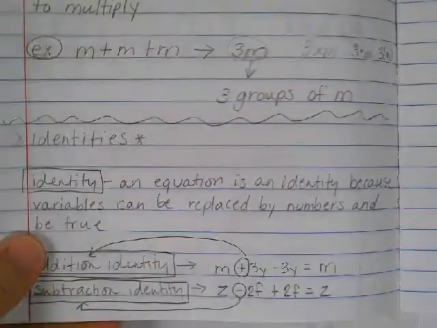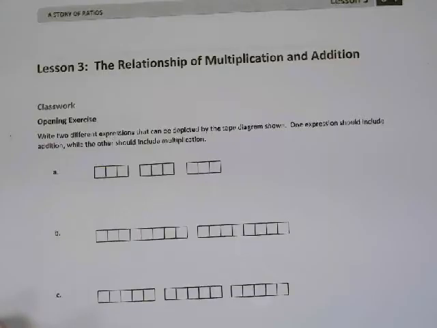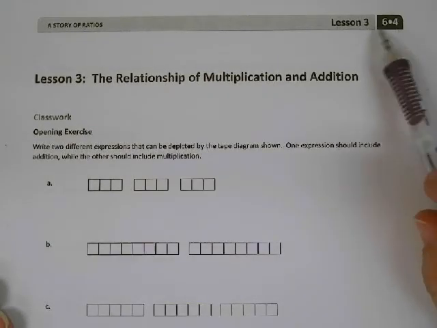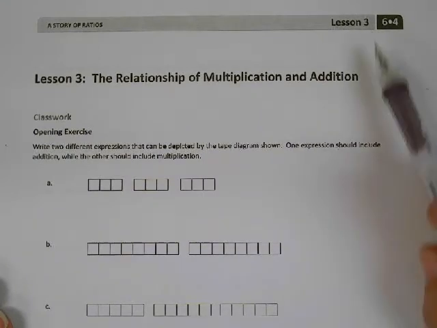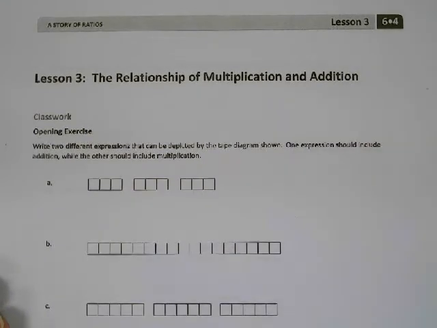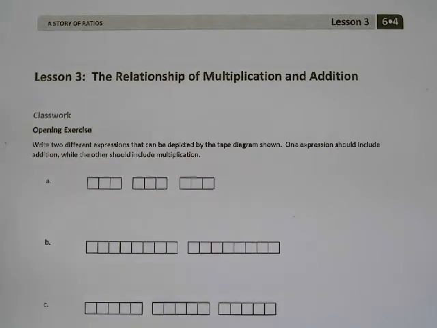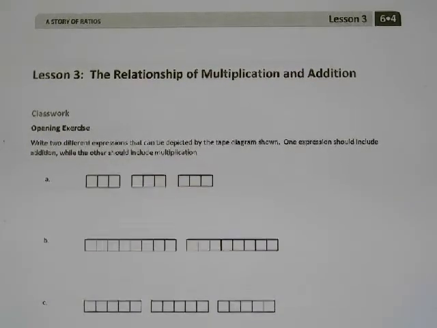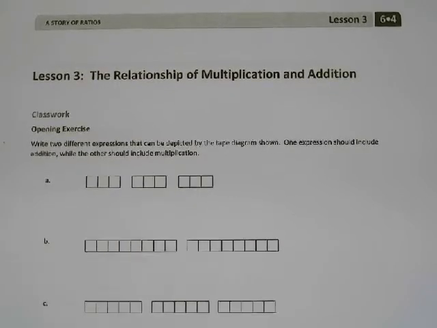Now I want you to go ahead and take out your student book. And we are in Module 4, so 6.4, Lesson 3, the relationship of multiplication and addition. Today we're going to just be creating equivalent expressions.